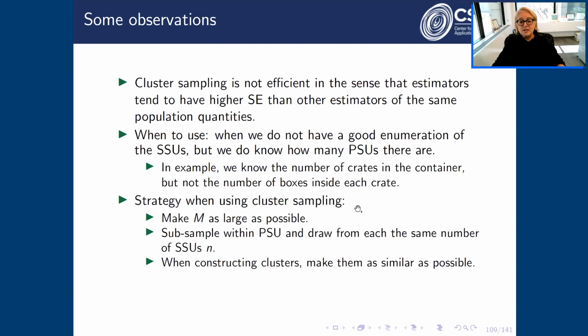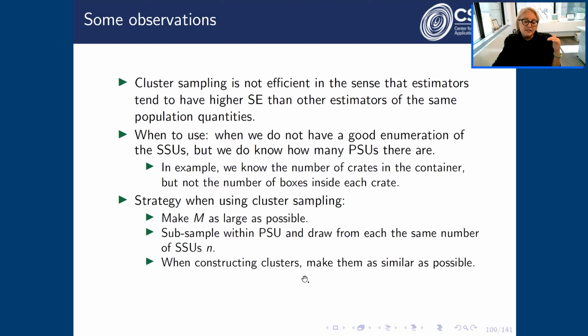So a strategy when you don't have a choice is to make M as large as possible. So sample as many clusters as your budget allows. And in order to keep the budget under control, subsample the secondary sampling units within the M clusters that you drew.